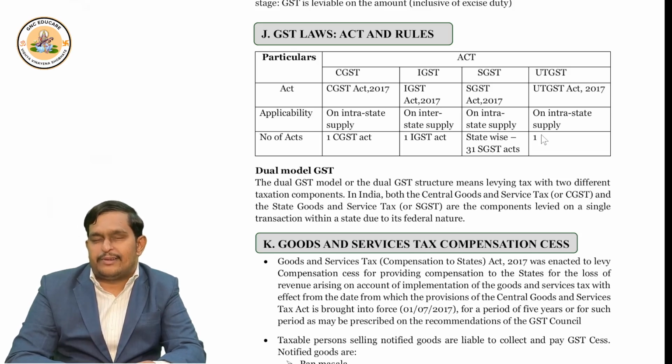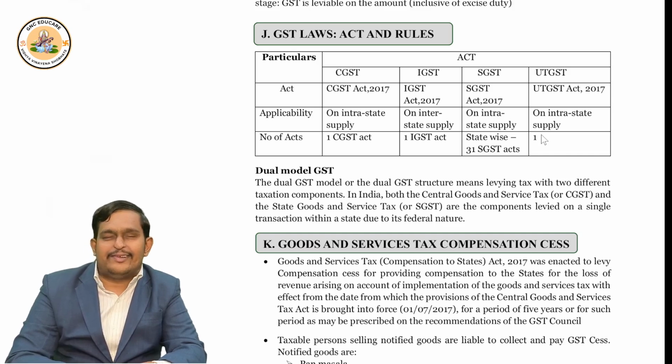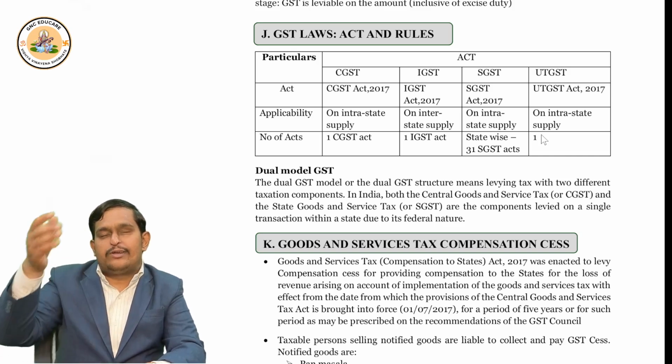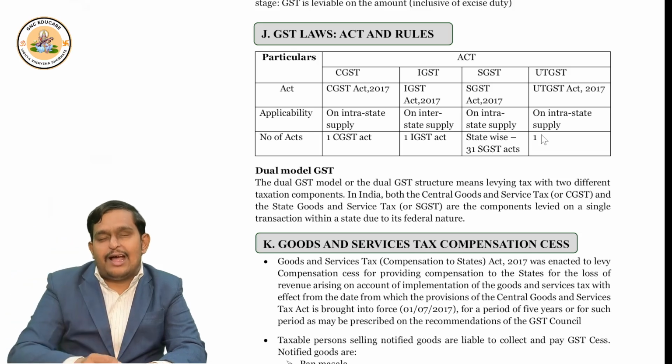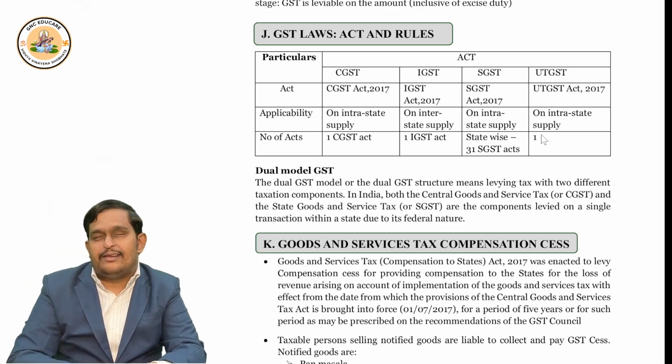Now only one thing left. That is IGST, Integrated Goods and Services Tax. So if supply happens from one state to another state, then IGST will apply. If supply happens from outside India, into India, then IGST will be applicable.